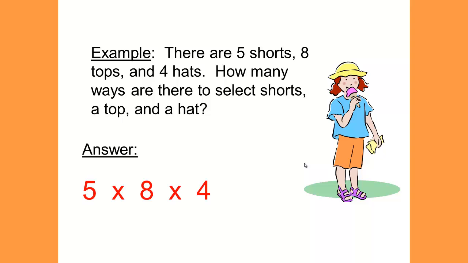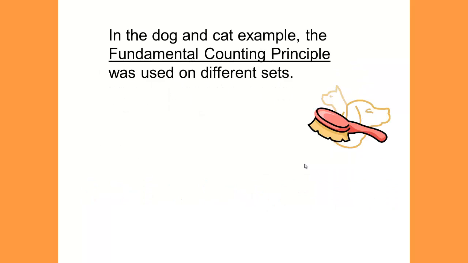There would be 5 ways to select your shorts, times 8 ways to select your top, times 4 ways to select your hat, or 5 times 8, which is 40, times 4, which is 160, or 160 ways to make your selections.